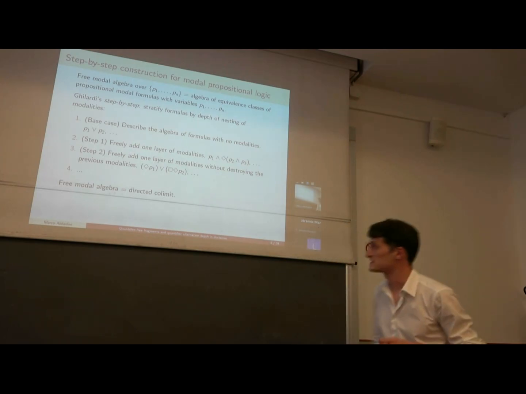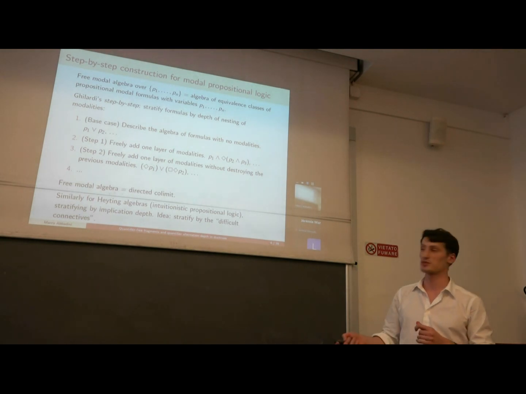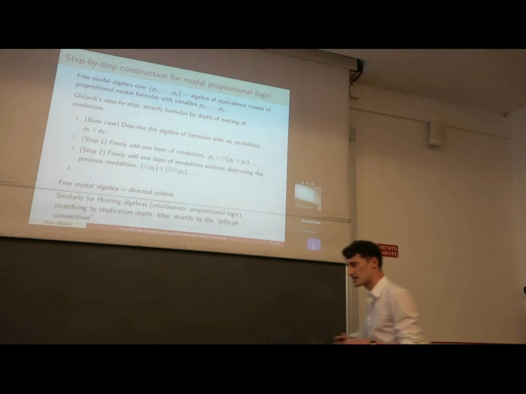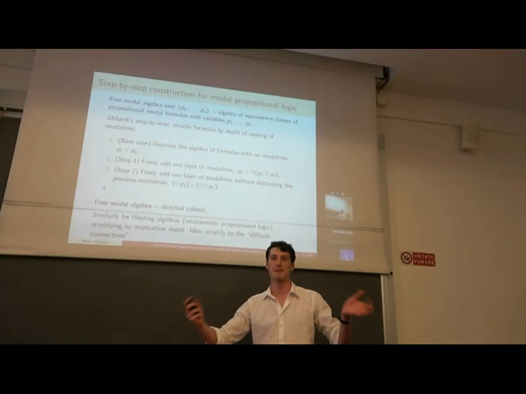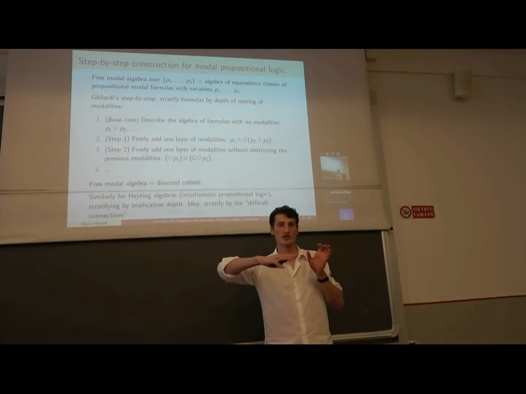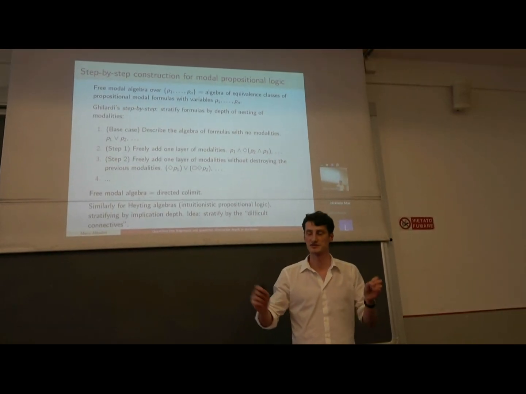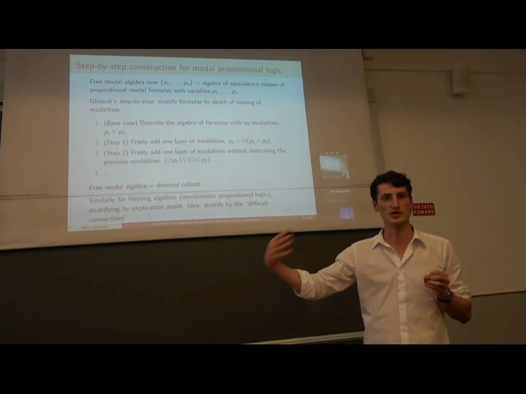And he did something similar also for Heyting algebras, which are the algebras of intuitionistic propositional logic. The idea is, again, to have some control over the free algebra. You stratify your formulas by implication depth, so by the difficult connectives. And he used this description to get some results.